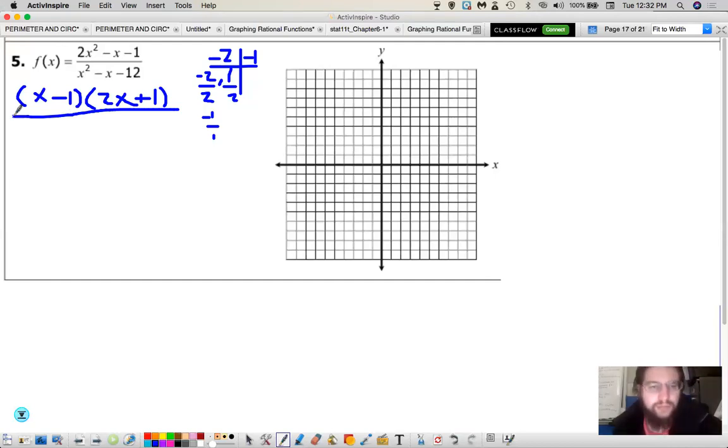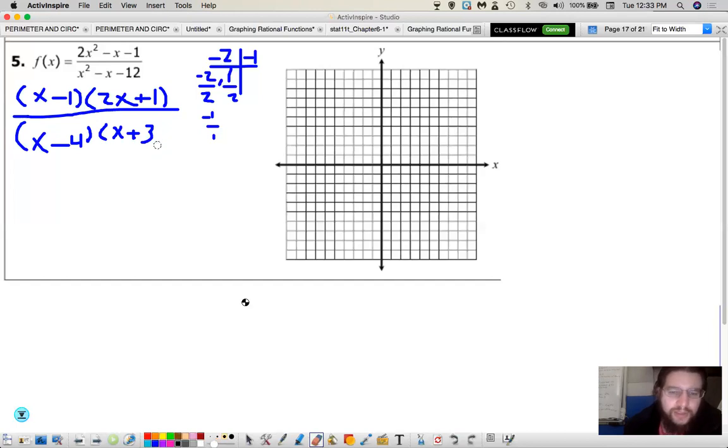If you don't got to, you don't got to. X minus 4, X plus 3. So that's factored. Now we can cancel and simplify stuff. Nothing cancels. Huh. Who cares? Factor it anyway. That's going to make the rest of our lives a lot easier, finding our asymptotes and our intercepts. Nothing cancels, doesn't simplify at all. That's simplified.